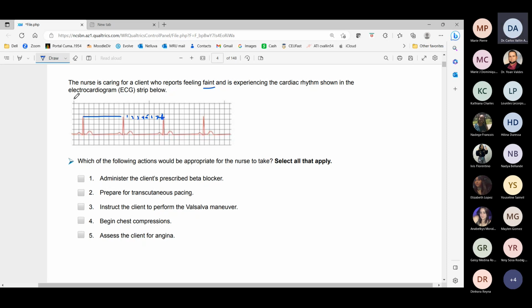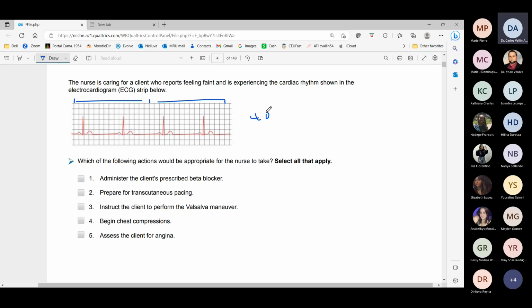Notice that we don't have any other resource here. In this case we are lucky because we have the marks, which allow us to count how many QRS complexes are between them. Three marks, and we have 4, and you multiply that by 10, it is 40.